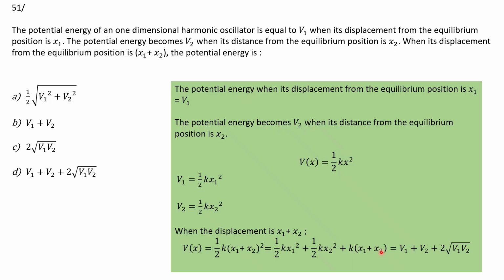Okay, and so we can write it as half k x1 square, we know that is V1, half k x2 square we know that is V2, and k x1 x2 will be equal to 2 root V1 V2. Okay, so here the right answer is V1 plus V2 plus 2 root V1 V2, that is option D.